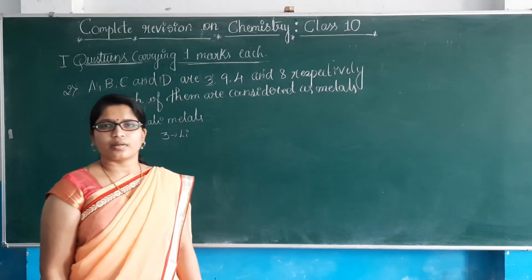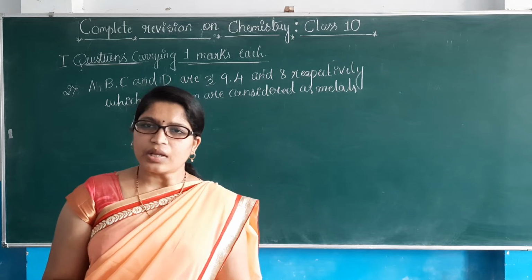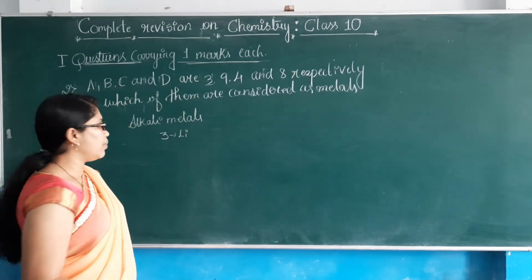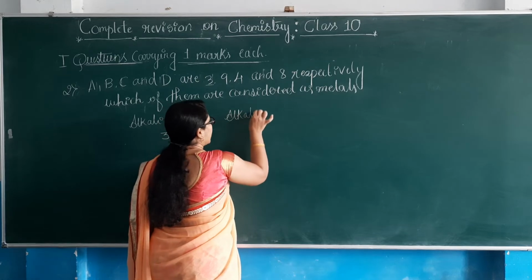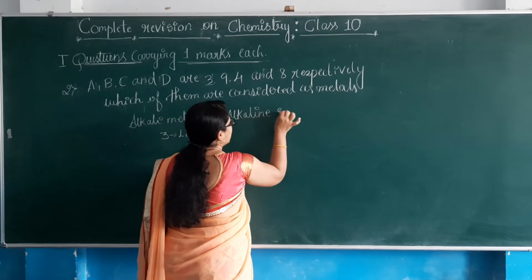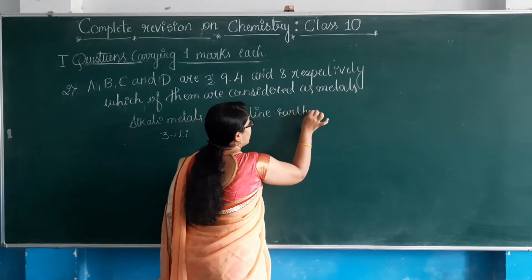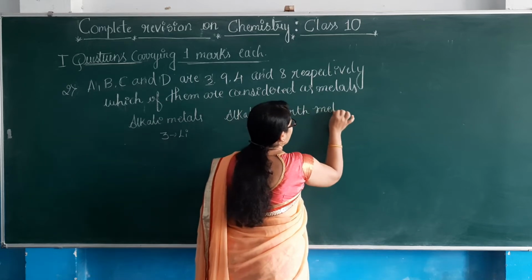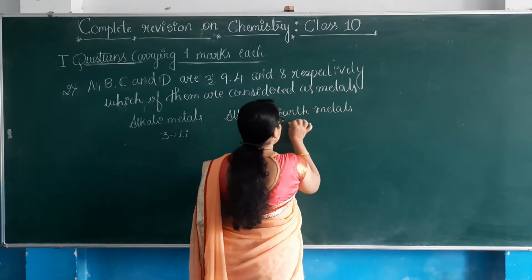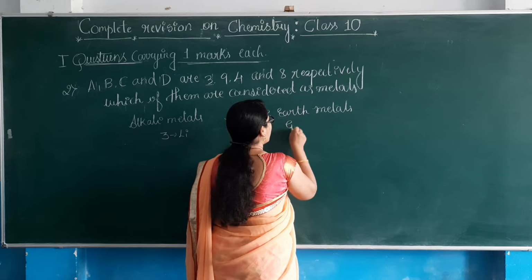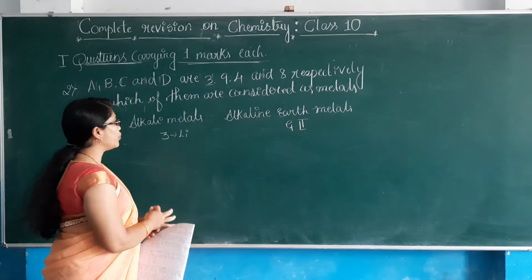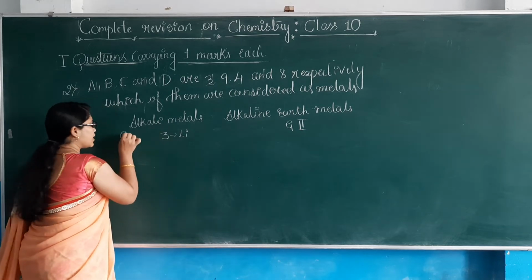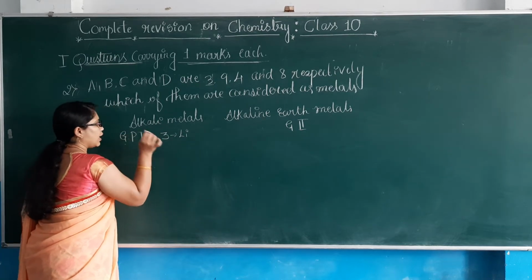Once we write lithium, that is 3, we will write the next element, that is alkaline earth metal. Alkaline earth metals are those which come under the category of group 2, whereas these are referred to as group 1 elements.